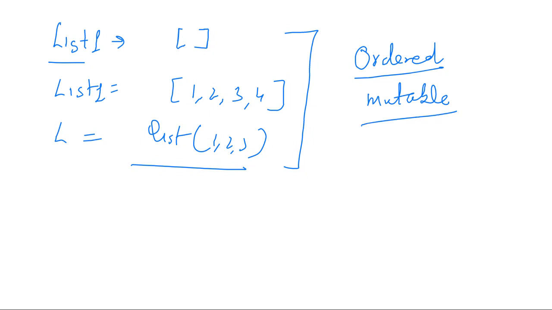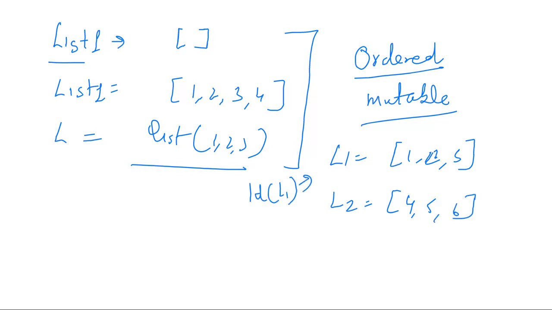Mutable means we can change the elements of the list. I have also discussed with you that suppose this is my list L1 with 1 2 3 and L2 is 4 5 6. If I check the ID of this list and the ID of that list, they will be different, right?